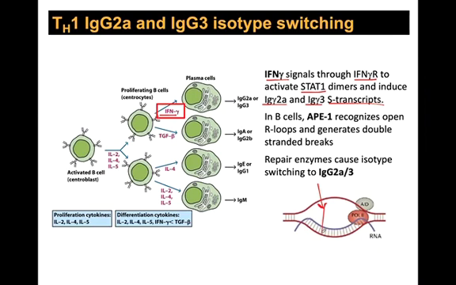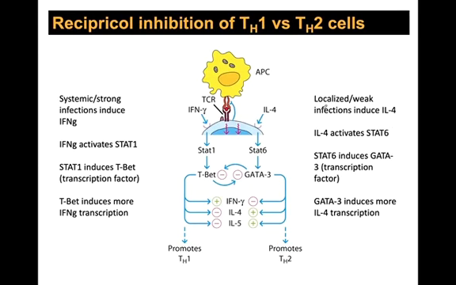And so this is going to cause the B cell to make lots of these damages in the R loops for those two isotypes. And that then, when you repair it, now you get isotype switching to those two types of antibodies. You get IgG2A and IgG3. Okay, we're going to come back to that for each of the different cytokines or different helper cell responses.